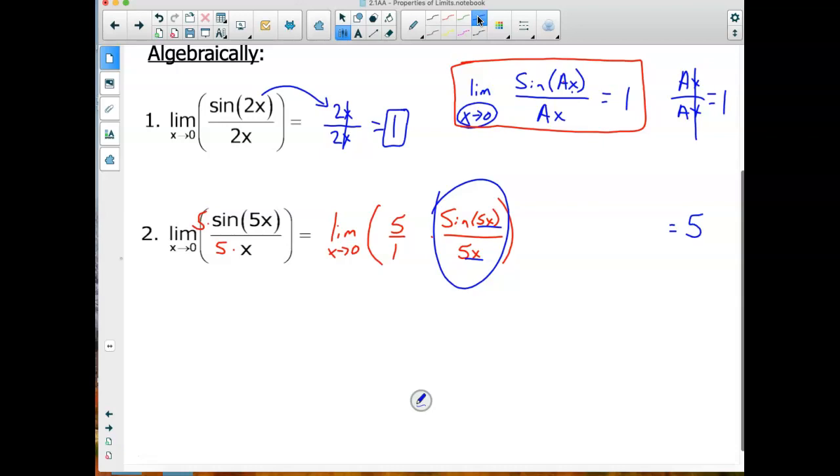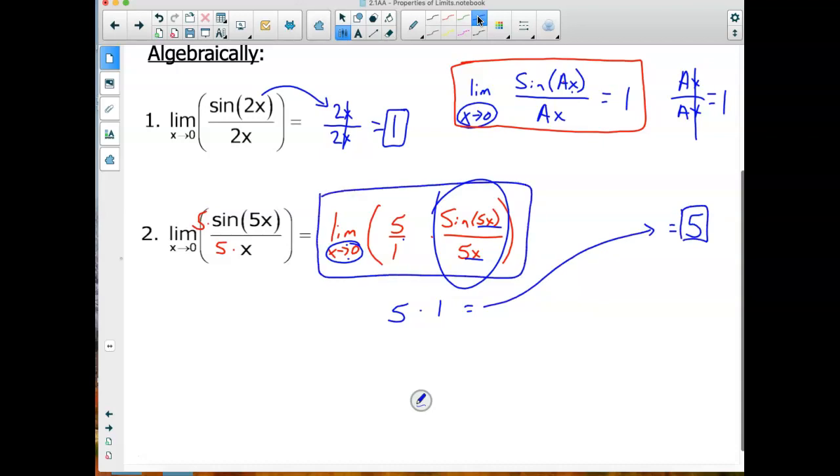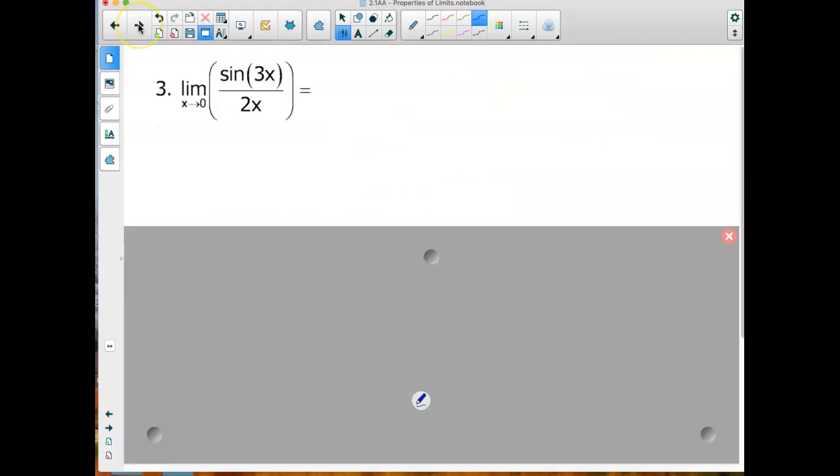So I know the limit of a constant is the constant times the limit as I approach 0 of sine 5x over 5x, which is 1, so it equals 5. And that would be the work that would need to be shown on how to find it, coming up with that 5 over 5, split the fractions apart, okay? Which takes me to the next page.